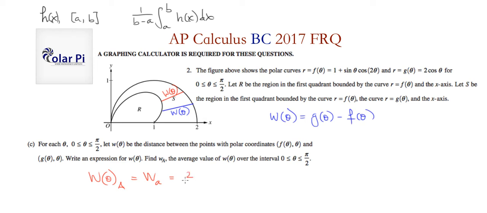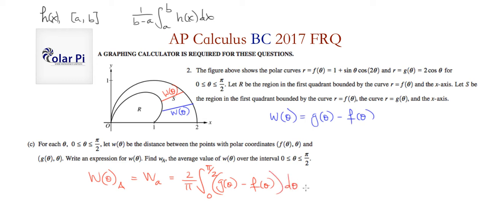So we have that, and then times the integral from 0 to pi over 2 of the function that we're averaging, which is W of theta, which by definition is equal to g of theta minus f of theta, d theta, right?